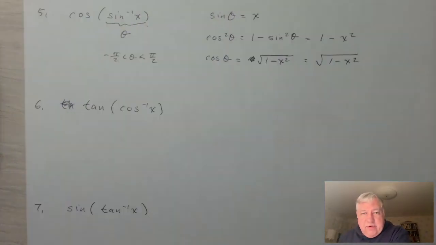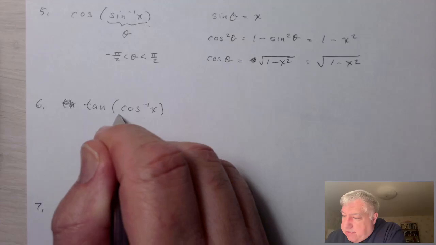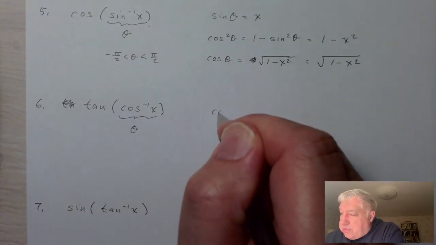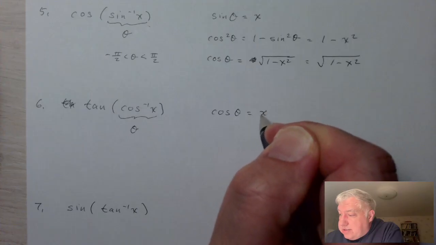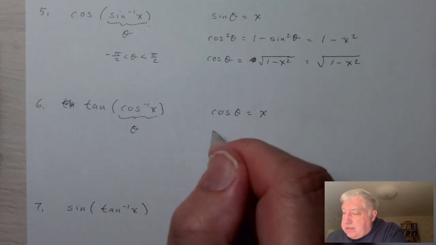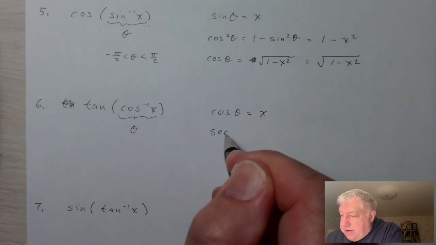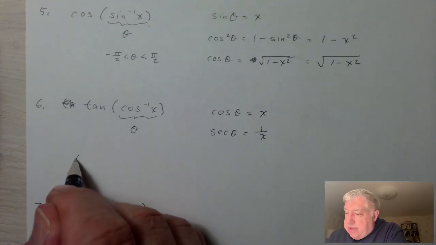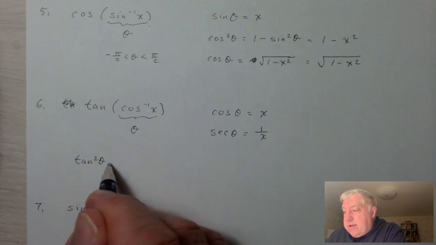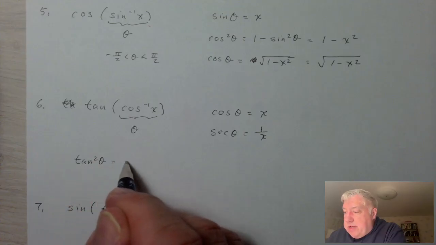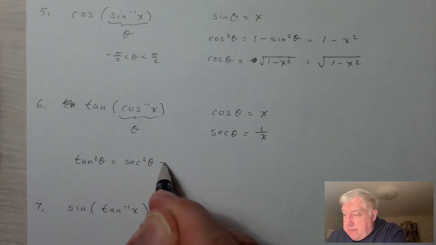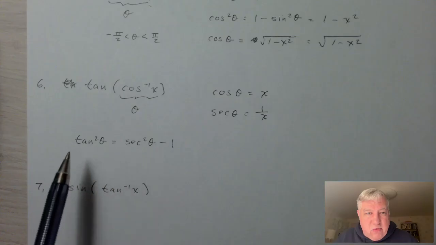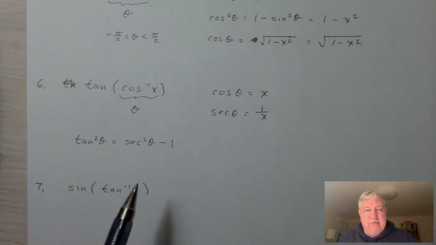Tangent of the inverse cosine of x. If we let the inverse cosine of x be theta, this means the cosine of theta is x. And then the secant of theta will be 1 over x, and since we know that the tangent squared of theta is going to be secant squared of theta minus 1, we just rearrange the fundamental identity. We know that secant squared is 1 plus tangent squared, so we subtract 1 from both sides.